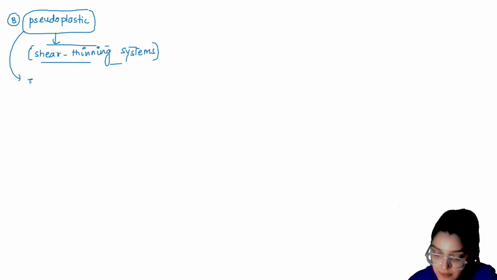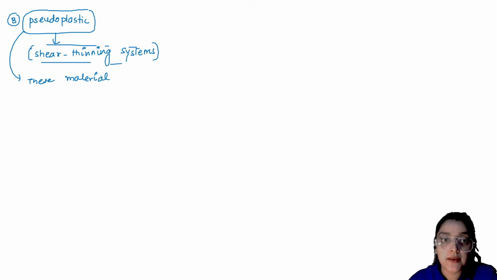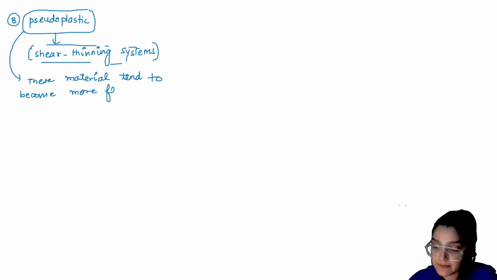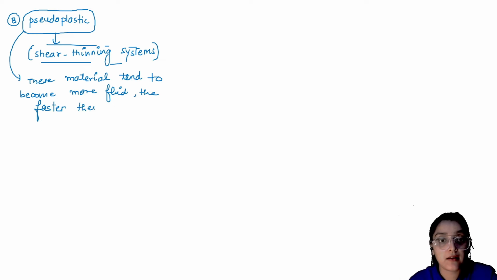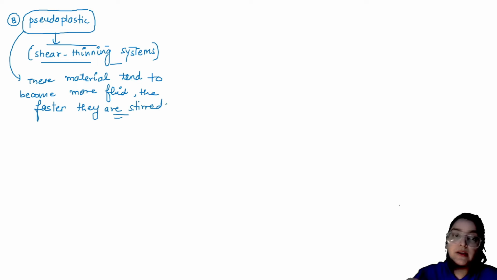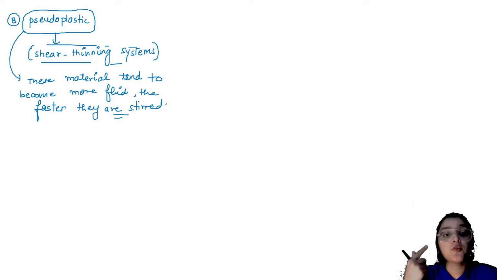In these systems, these materials tend to become more fluid the faster they are stirred. Okay, now as you increase the stirring, they are going to become more fluid and they will flow easily.